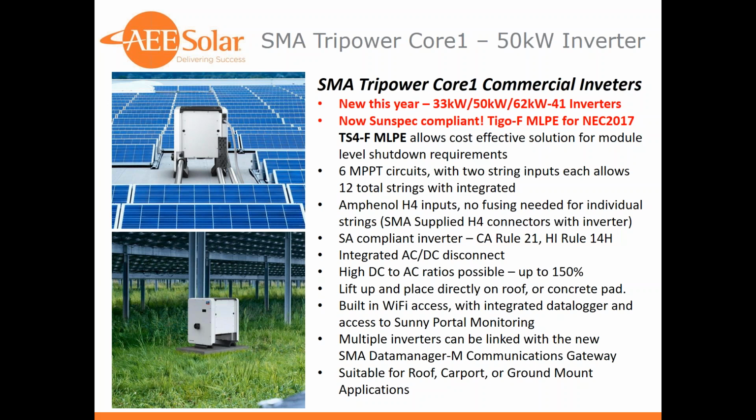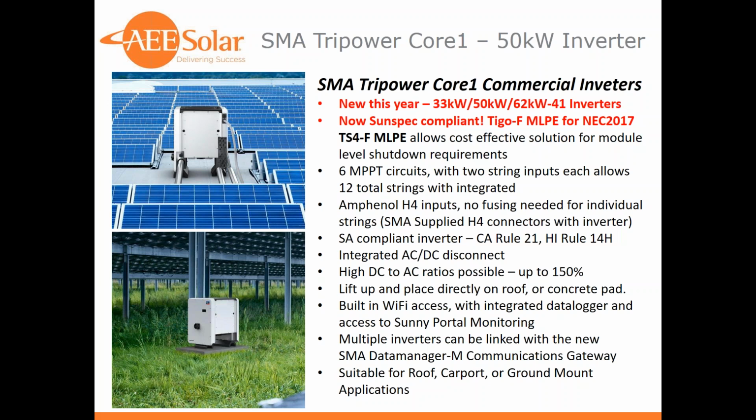These ship with Amphenol inputs on the input connectors, so you do have to make your own home run wires, but inside the packaging they supply the H4 connectors that you can attach your home run wiring to for inputting into the inverters. Make sure you have the right crimper for that too. We didn't mention, but they're SA compliant, so they're applicable for installing in California and Hawaii.